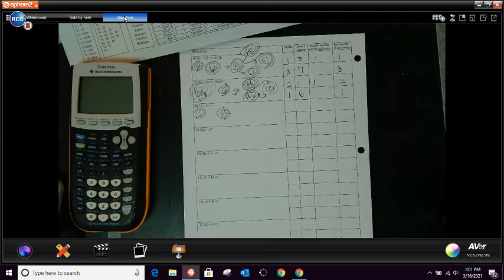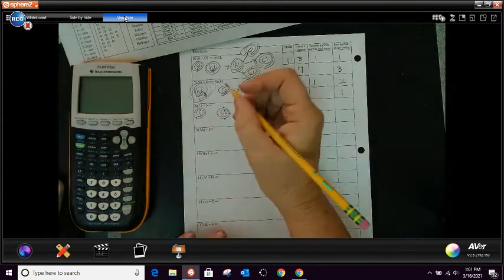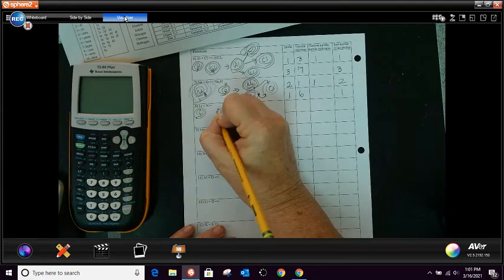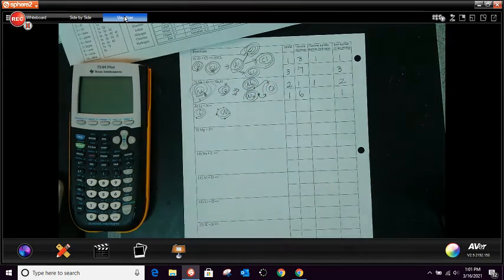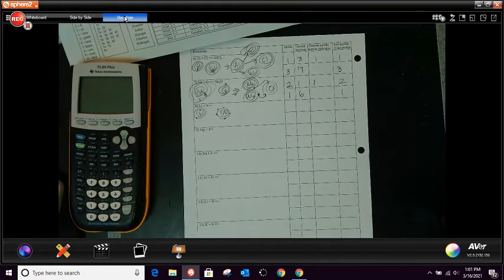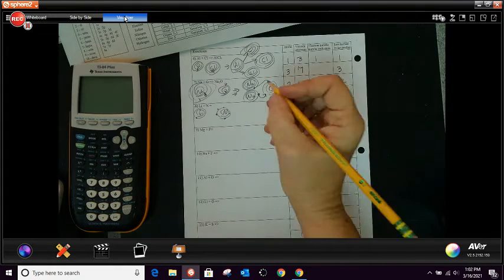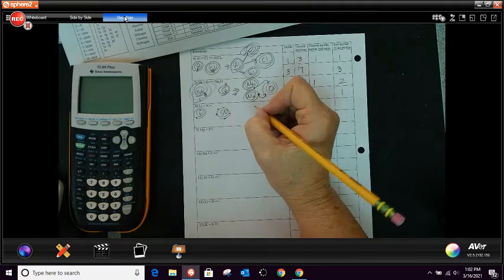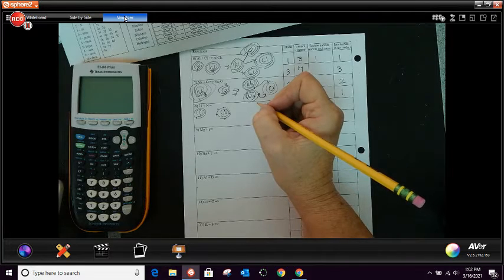Nitrogen does have 5. So I have 1, 2, 3, 4, and 5. Lithium has 1, correct? Now, I know it needs more than that 1 that it's going to give, right? So we could do the crisscross here to prove this.